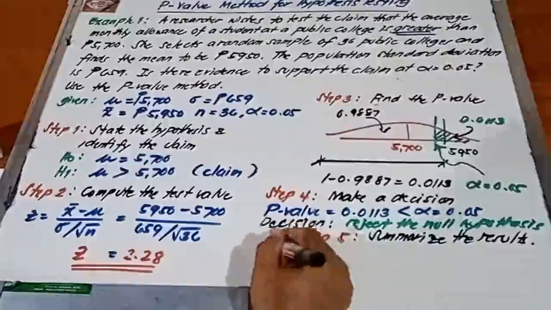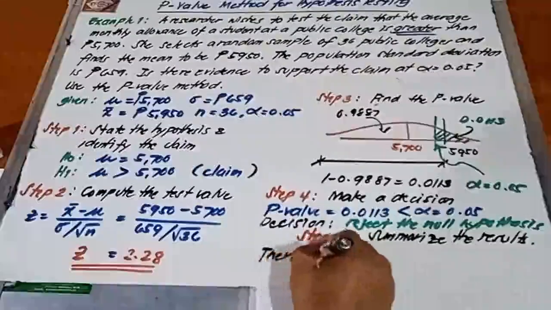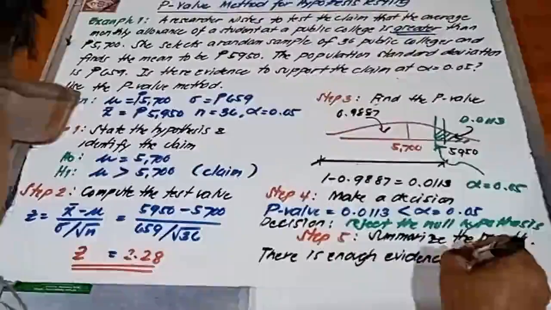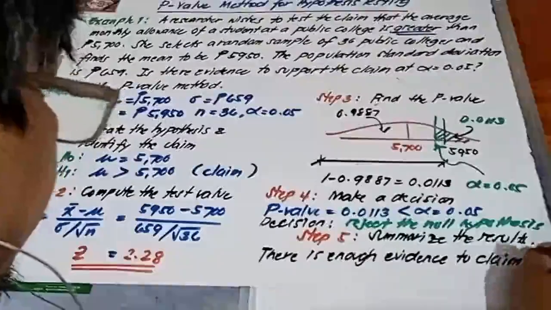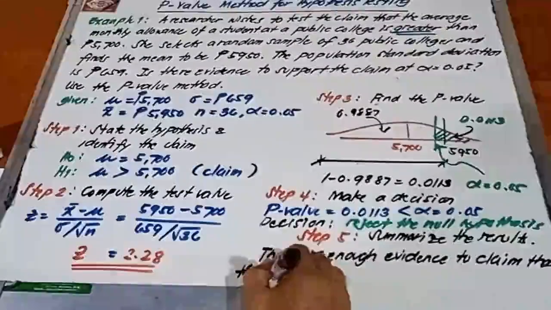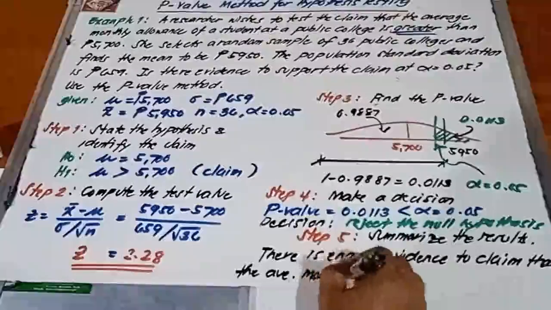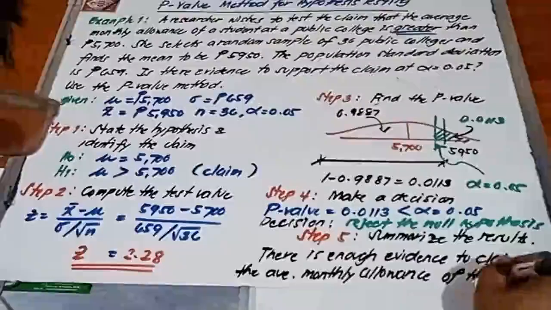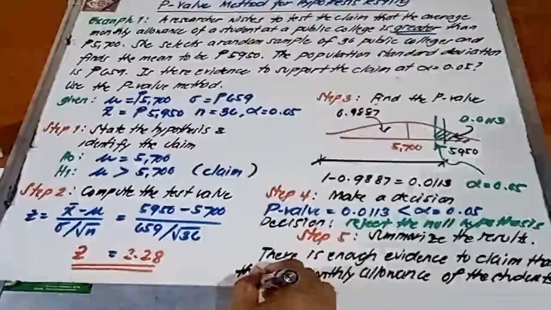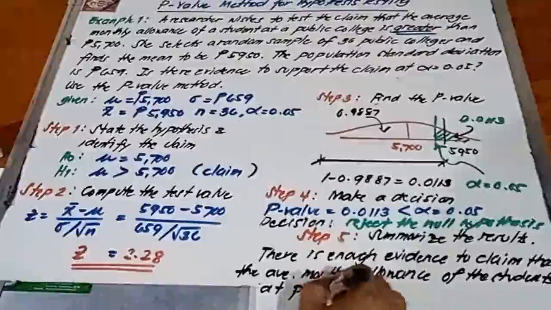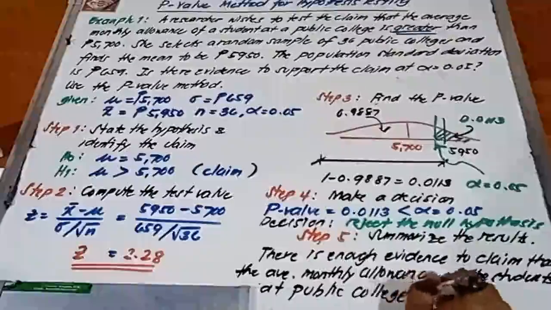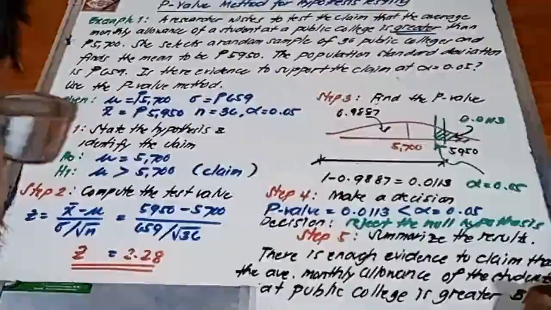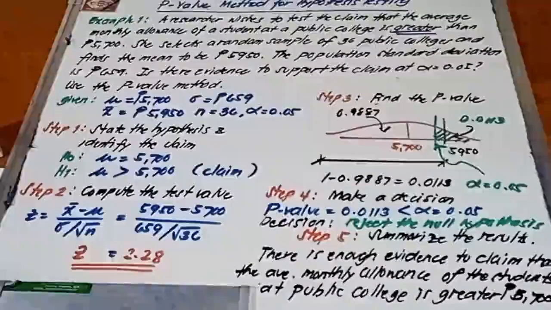The conclusion is there is enough evidence to claim that the average monthly allowance of the students at public college is greater than 5,700 pesos. Okay?